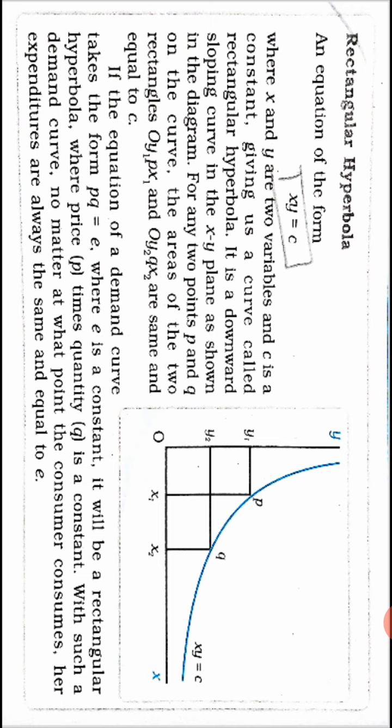Here price is P and quantity is Q, and their product is constant. With such a demand curve, no matter at what point the consumer consumes, the expenditure is always the same and equal to E. If the price increases or reduces, it doesn't affect the expenditure.